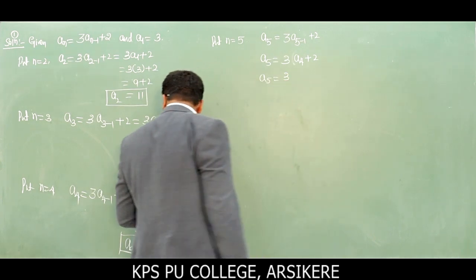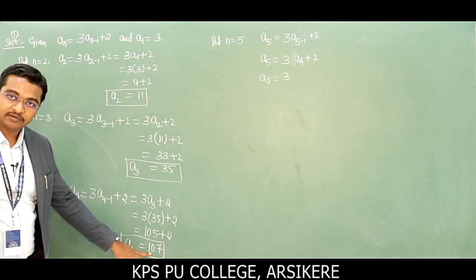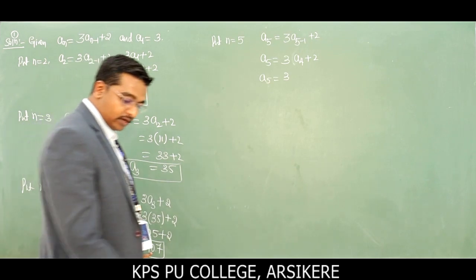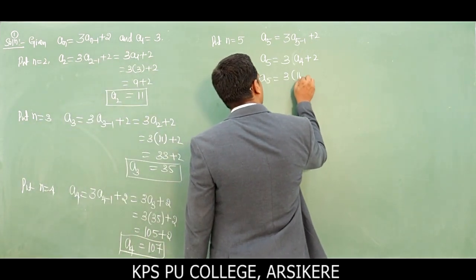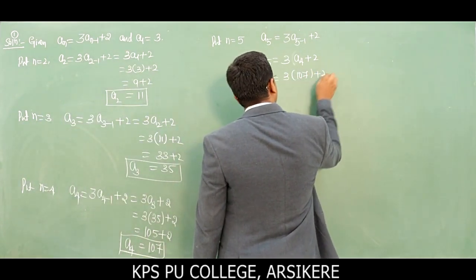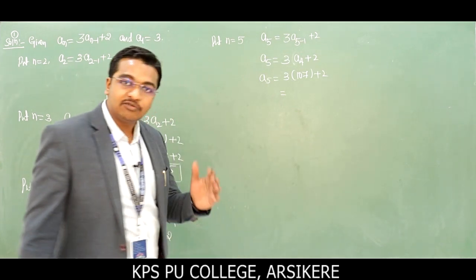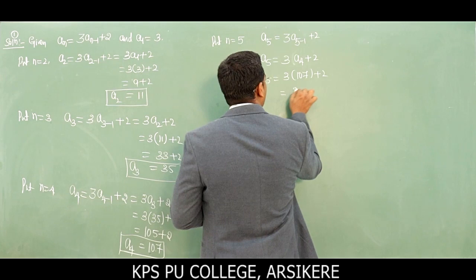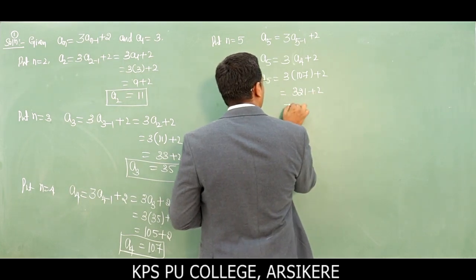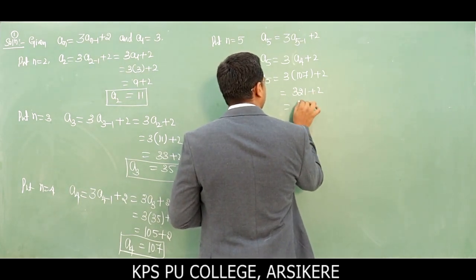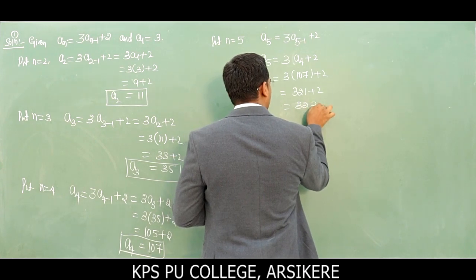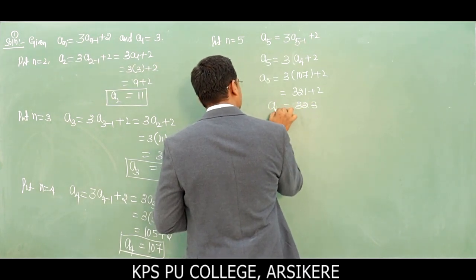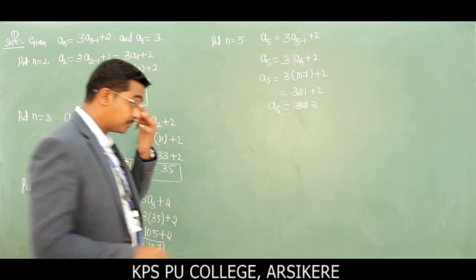What is a4 here? 107. So 3 times 107 plus 2. 7 threes are 21, 100 into 3 is 300, so 321 plus 2 gives 323. This is a5.